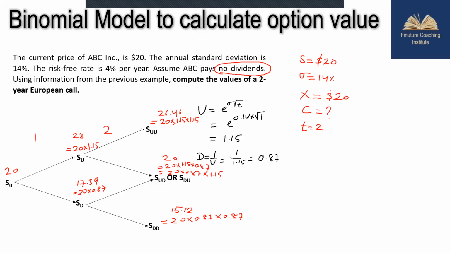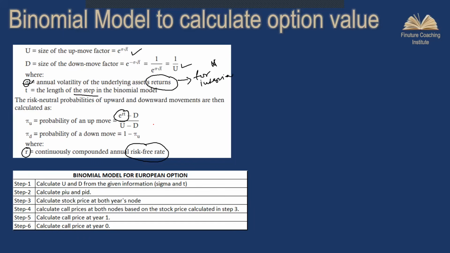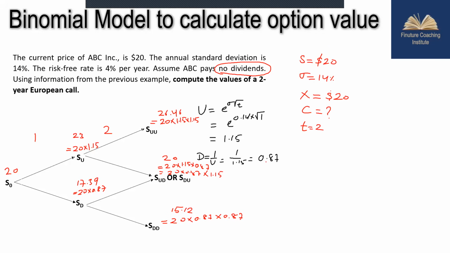Now what we'll do, we'll calculate the probability of up move and down move. So the probability of U is equal to e to the power RT minus D over U minus D. If I write it with the numbers, the R we have been given is 4%.